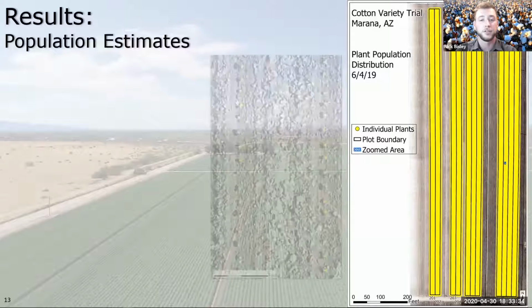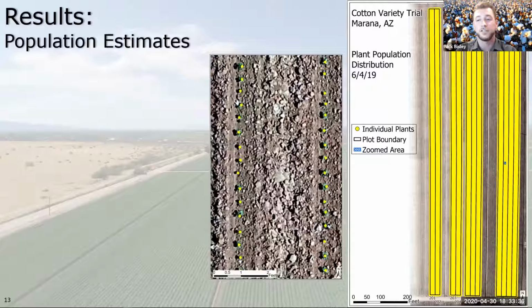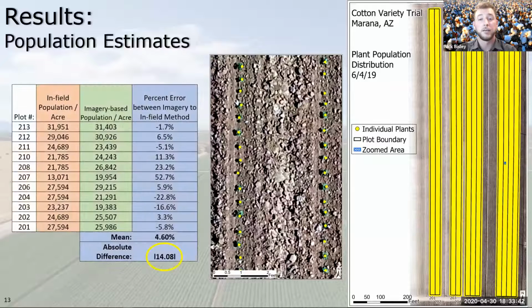Not real helpful. If you zoom in, you can start to see these individual plants, but we'll get into a better analysis in a second. But here's the estimate. From the infield population versus the imagery-based population, there was an absolute difference of right around 14%, which kind of mirrors that image accuracy of 86.5%.